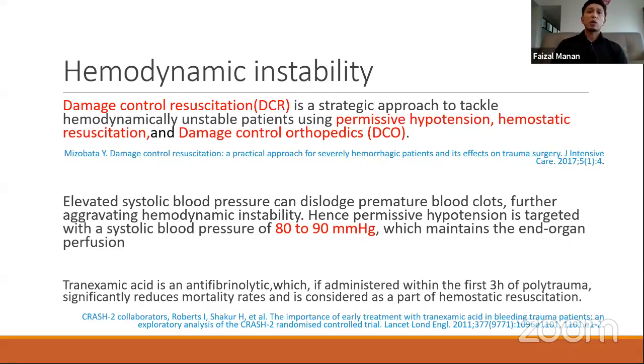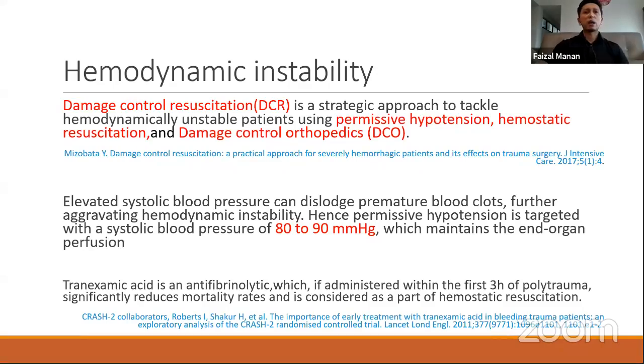If the blood pressure goes too high, it can dislodge premature blood clots, further aggravating the hemodynamic instability. Hence, the term permissive hypotension has been used over the many years, targeting a systolic blood pressure of 80 to 90 millimeters of mercury, to maintain organ perfusion.